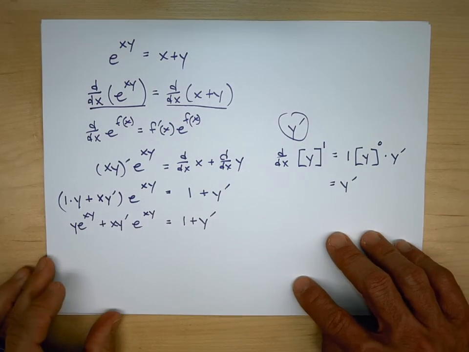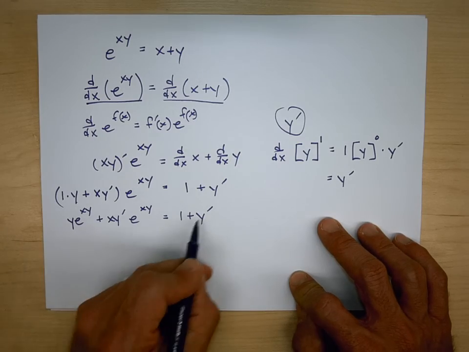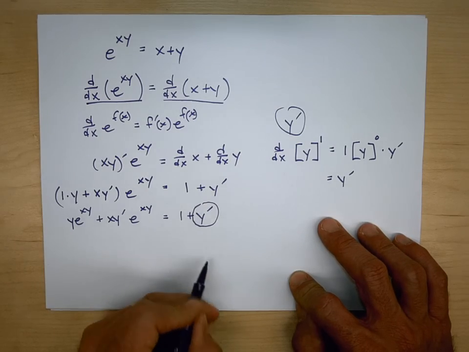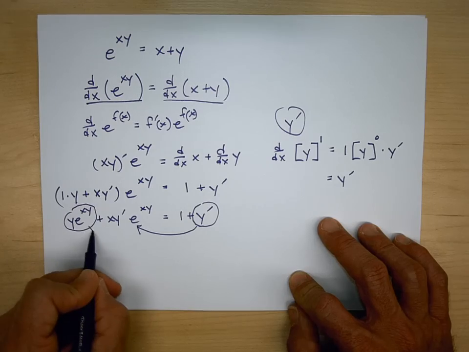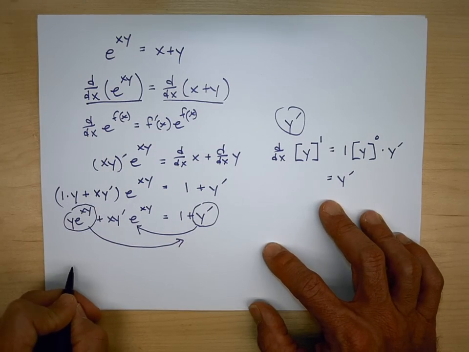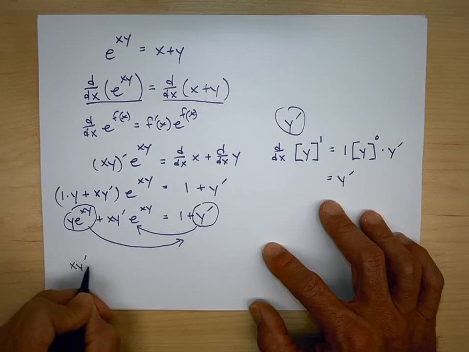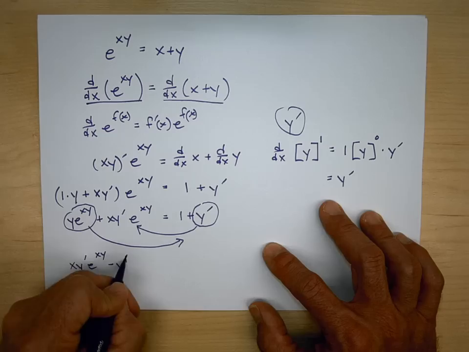Now, let's try to get everything that has a y prime in it on one side. So I will take this and bring it over here. And let's get everything that doesn't have a y prime in it onto the other side. All right, so I will end up with xy prime e to the xy minus y prime. No, y prime, not y to the first.